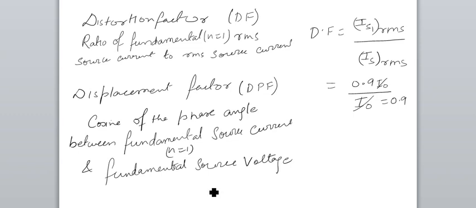This source voltage should be between line to neutral.